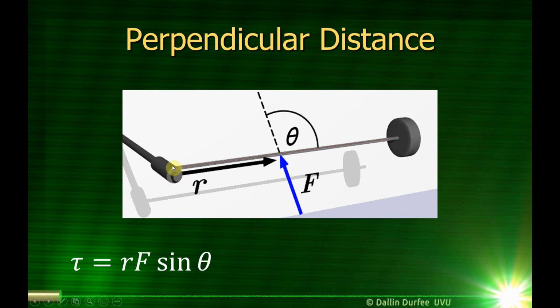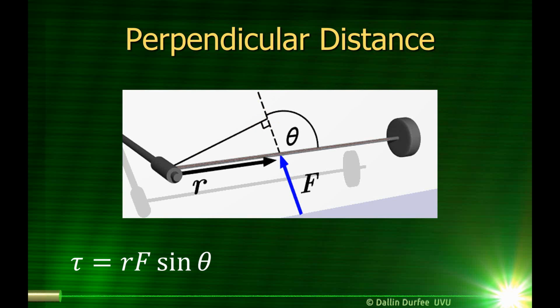Imagine I draw a line from the pivot, from the axis of rotation, out such that it hits this dotted line, which is extending the direction of the force, at 90 degrees, like that.